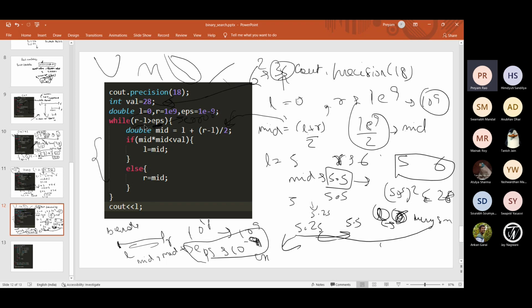While this is true, we'll keep searching. The moment the difference between these two is less than epsilon, at that point we'll stop our search. And that's the only difference between binary search on integers and floating point numbers.